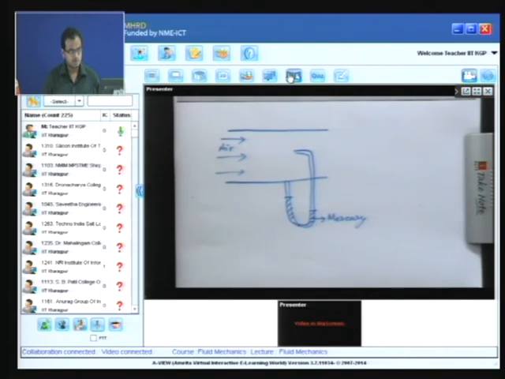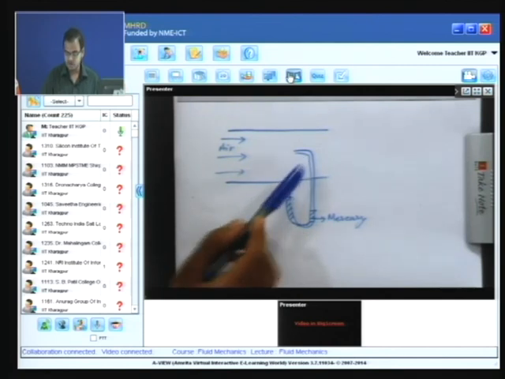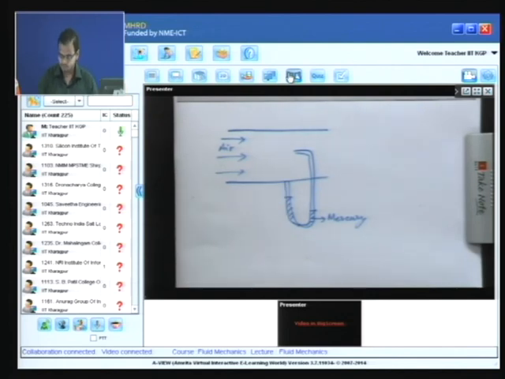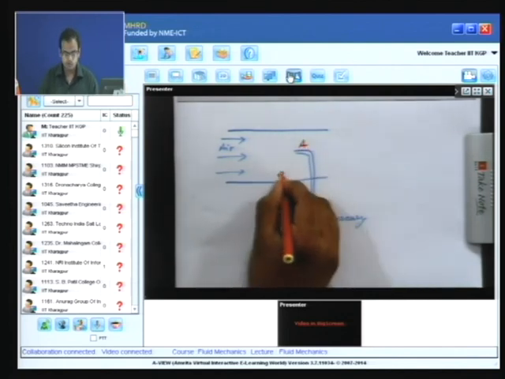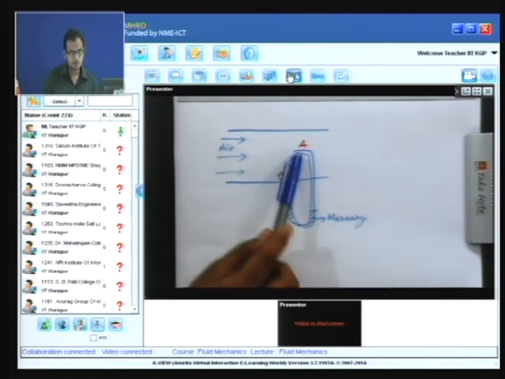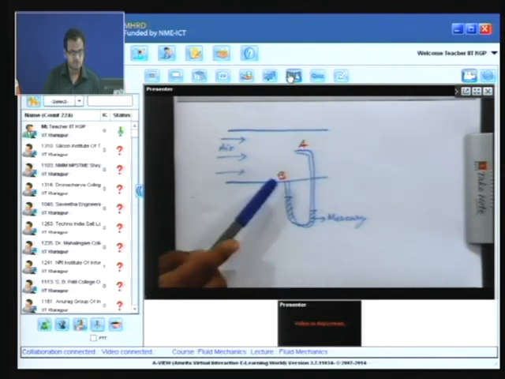So, air is flowing in this pipe and we have this pitot tube facing upstream, and we have the static pressure tap which is flush on the surface. So, the point A is able to measure the stagnation pressure and point B is able to measure the static pressure.